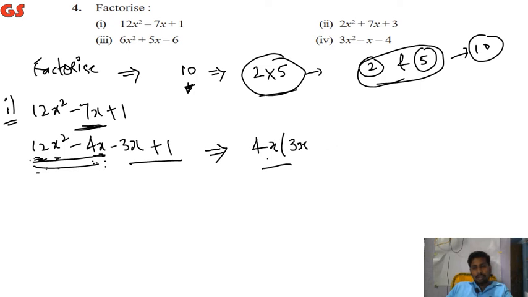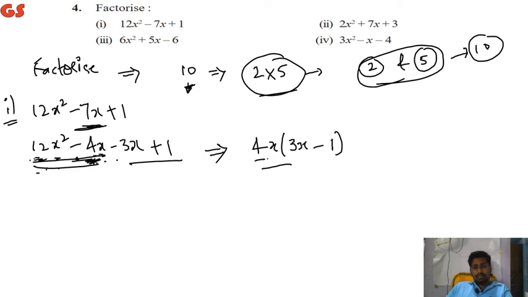Again here is a minus sign, so you just have to write minus. Here is 4x and here is 4x, so we multiply 4x by 1. So 4x times minus 1 gives minus 4x.